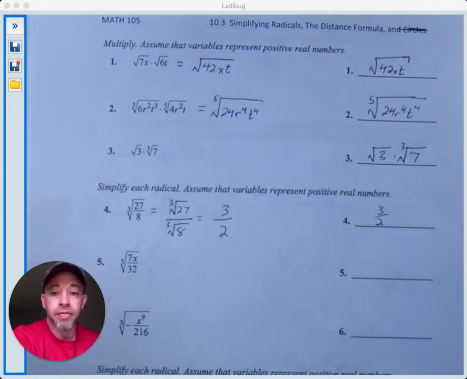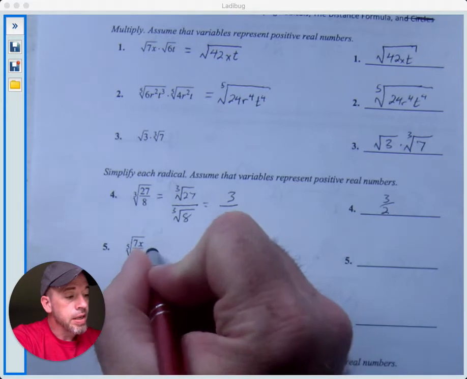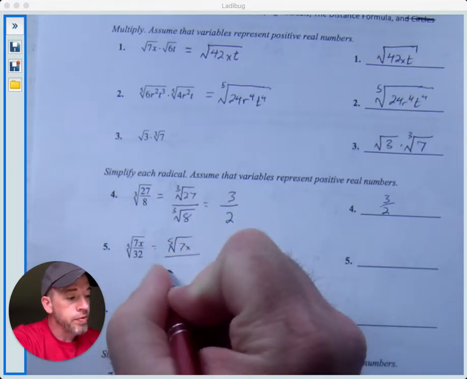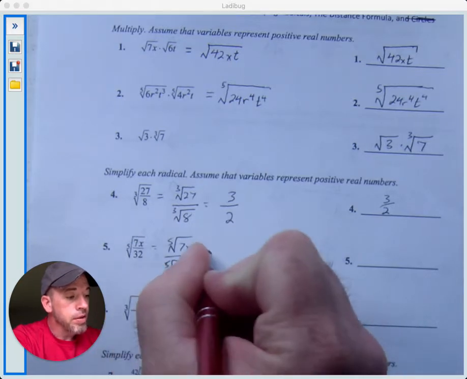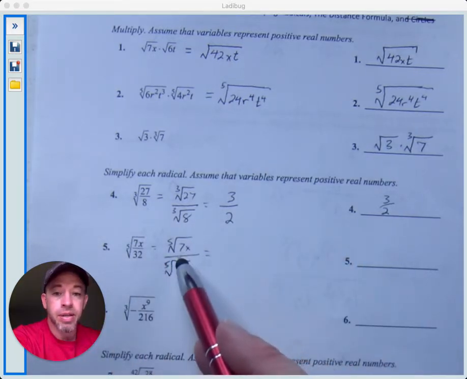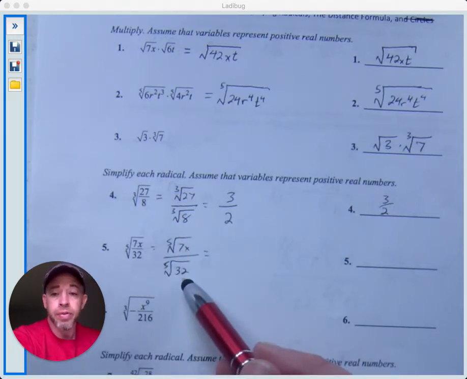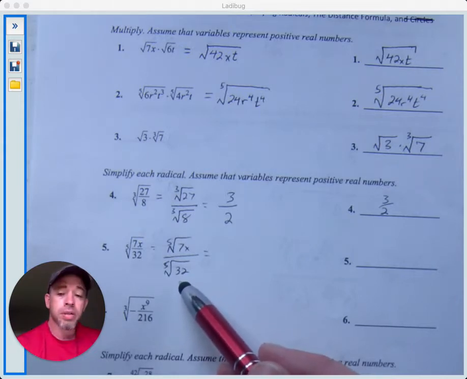The next one, we have the fifth root of 7x over 32. So we could write that as the fifth root of 7x over the fifth root of 32. Now, there's nothing we can do at the top. 7 is not a perfect fifth root. But the bottom, the fifth root of 32, you could use your calculator to find that, or you could just, 2 times itself 5 times is 32.